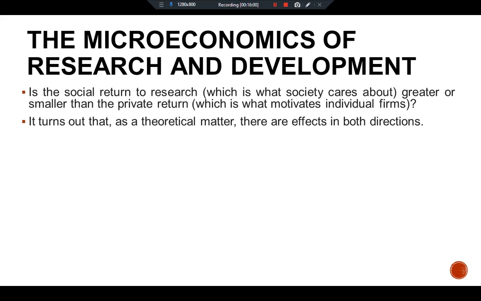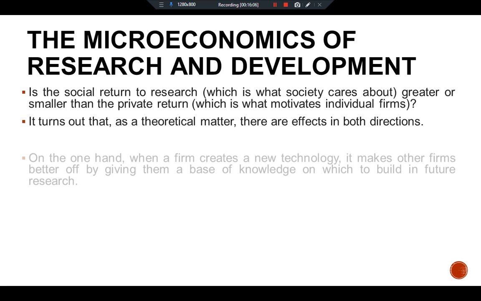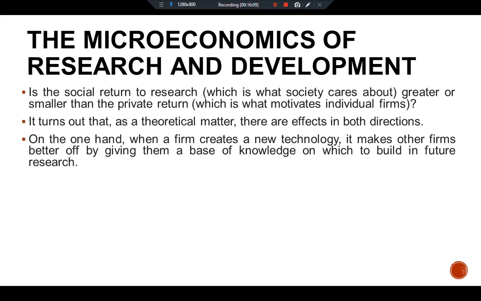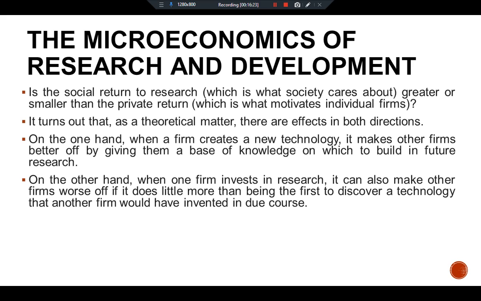It turns out that as a theoretical matter, there are effects in both directions. On the one hand, when a firm creates a new technology, it makes other firms better off by giving them a base of knowledge on which to build in future research. On the other hand, when firms invest in research, it can also make other firms worse off if it does little more than being the first to discover a technology that another firm would have invented in due course.